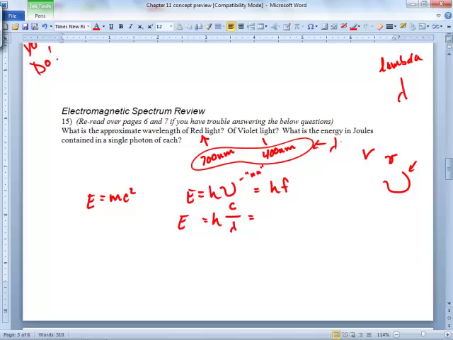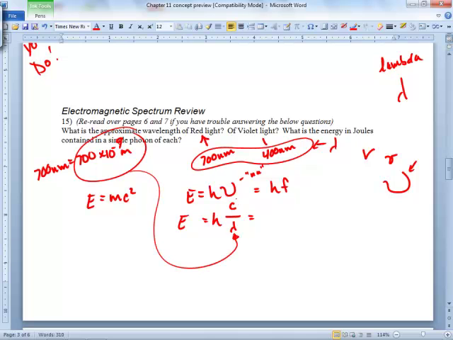But what's a nanometer? Nano is what prefix? 10 to the negative 9. So 700 nanometers is 700 times 10 to the negative 9 meters. So that's what we'll put in for the wavelength.